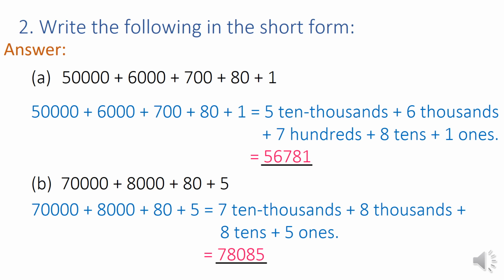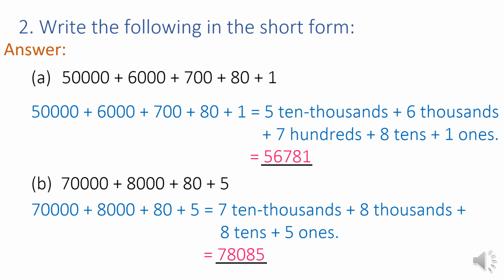In this question, all places are filled. So the short form of 50,000 plus 6,000 plus 700 plus 80 plus 1 is 56,781.